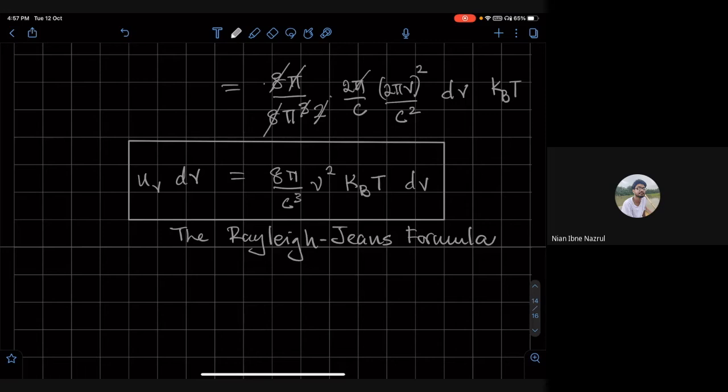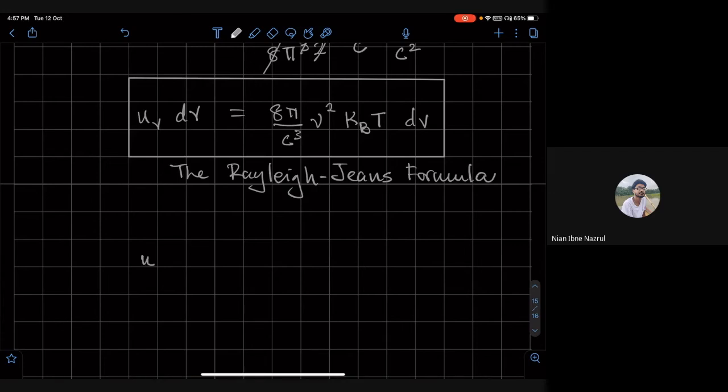So what is the total energy density that is radiated over all frequencies? Well, that should be just U, where we integrate from 0 to infinity of u(nu) d nu, right?